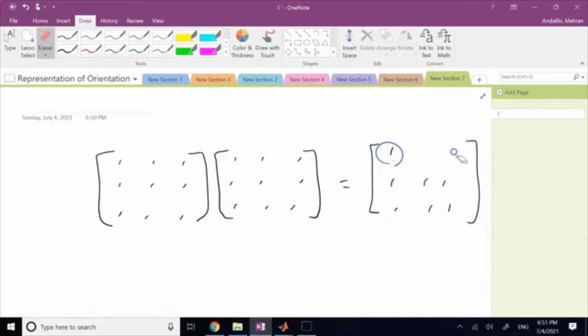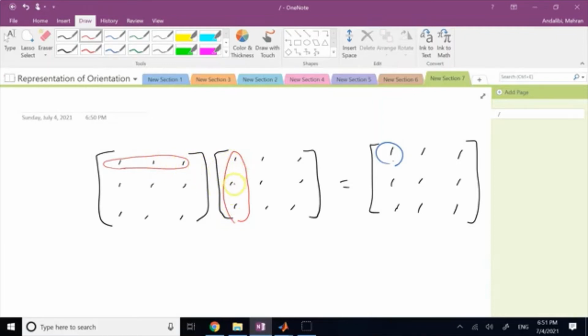So we want to calculate the computational demand of multiplying two rotation matrices. How computationally demanding is this? Well, in order to get that first element, I have to dot product the first row with the first column. So here I'm doing a multiplication of first one with first one, multiplication of second one, third one, and then what?